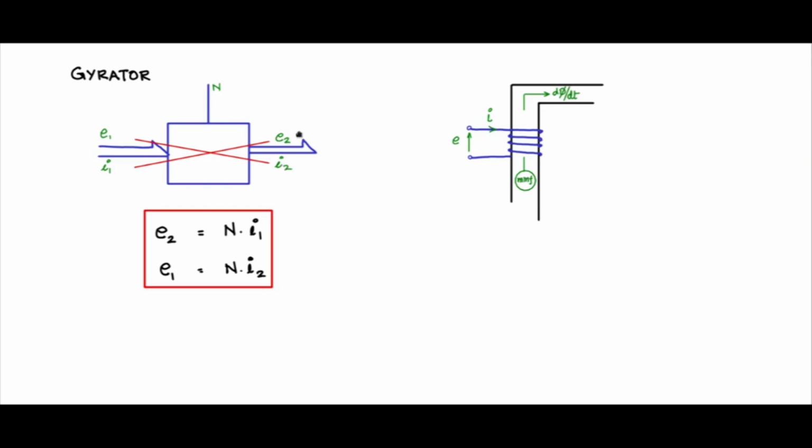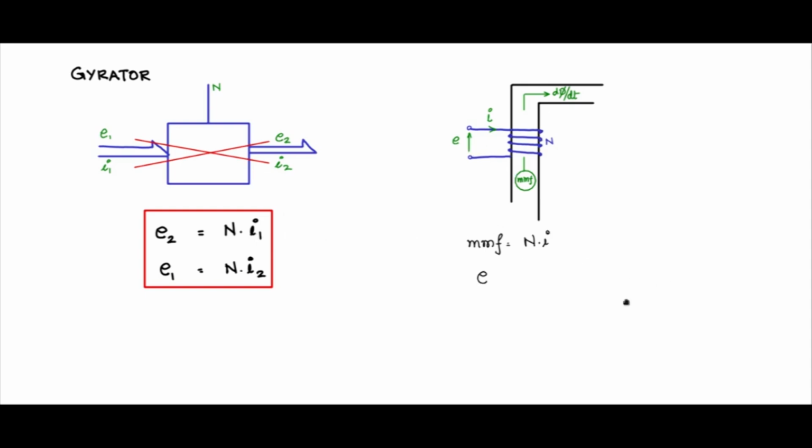MMF represents E2, the potential in the magnetic domain, and d phi by dt represents I2, the kinetic parameter in the magnetic domain. So what are the constitutive relationships? E2 is nothing but MMF here. So I will write MMF equals N, the number of turns, times I, which is the primary side kinetic variable.